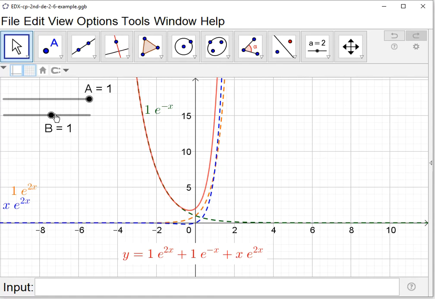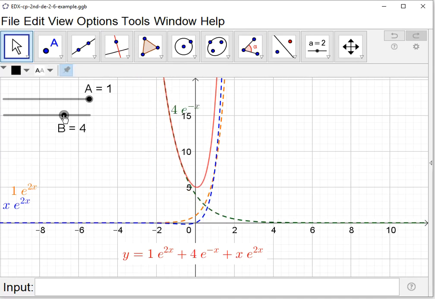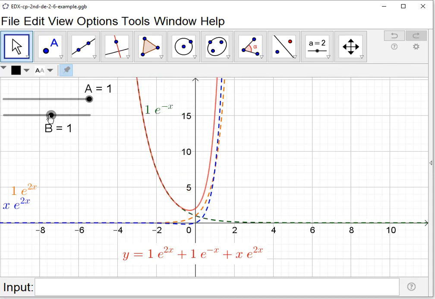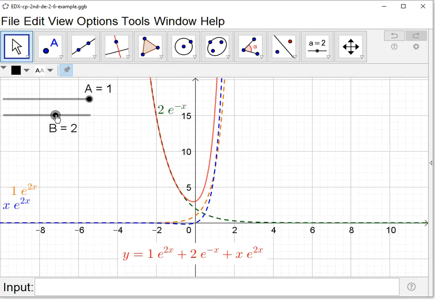So there are some interesting features to note here. If we look for the y-intercept, so that's when x is 0, the y-intercept should be a plus b, so at the moment it is 2, and when a is 1 and b is 4, the y-intercept is 5. So the y-intercept will always be a plus b.